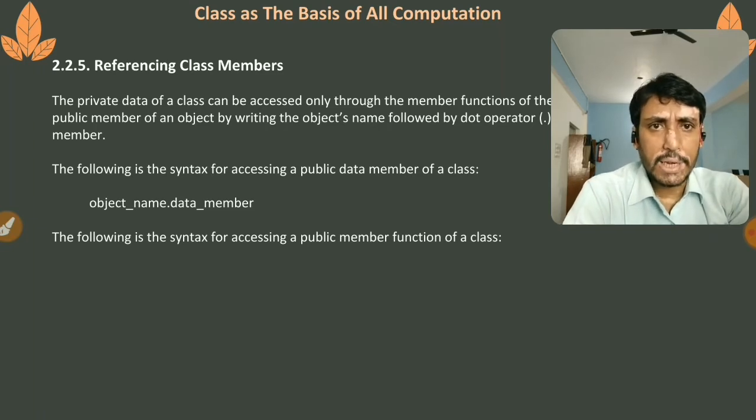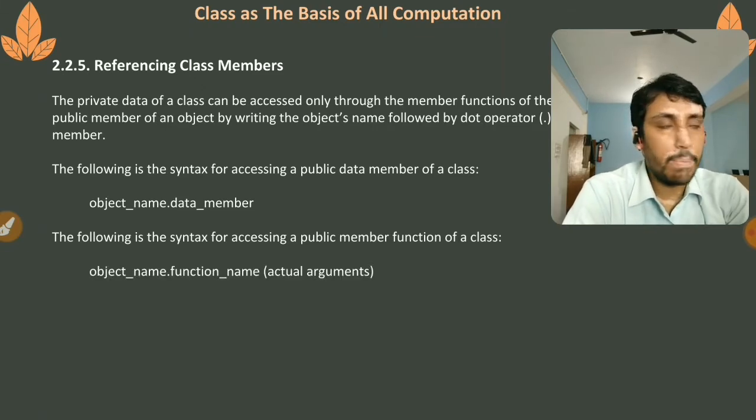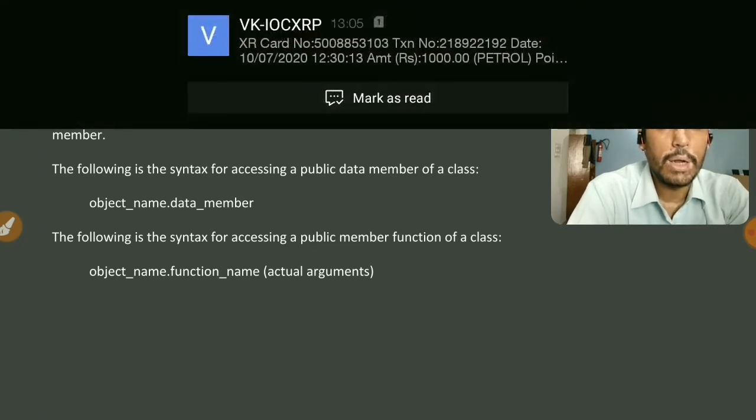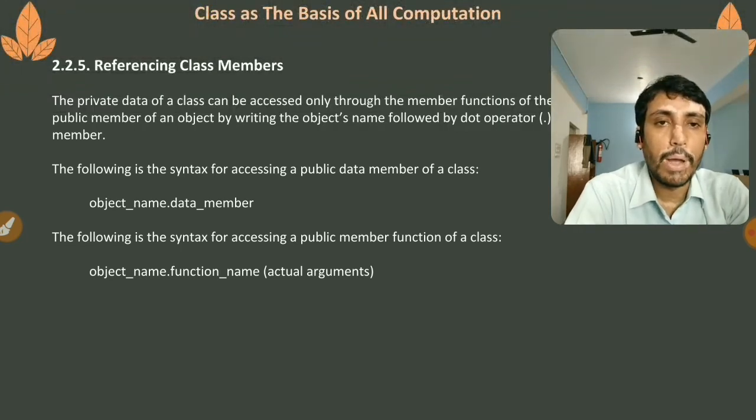The following is the syntax for accessing public member functions of a class: object name, dot, function name, which is the name of the method, and then whatever arguments we want to pass can be given.